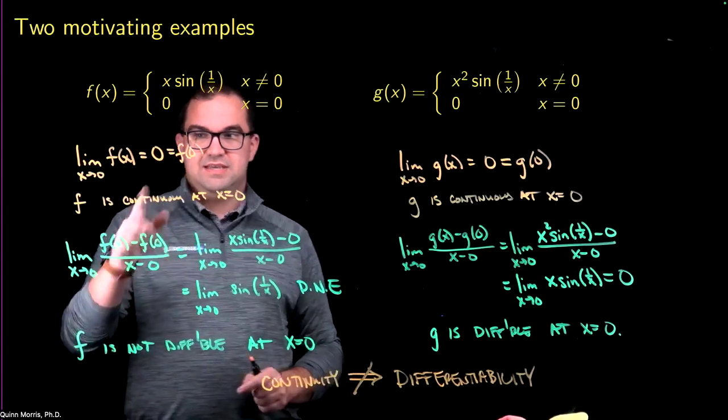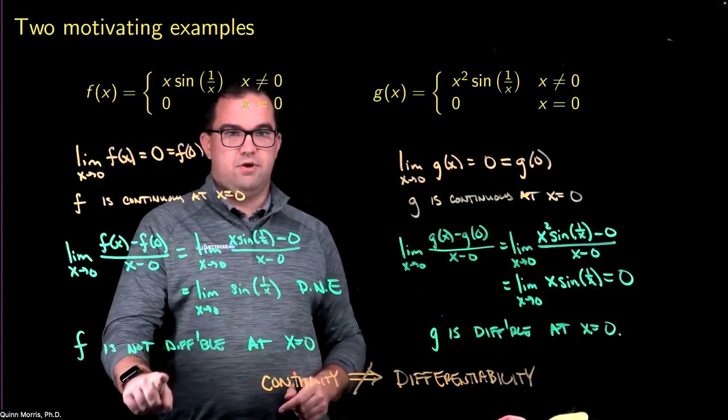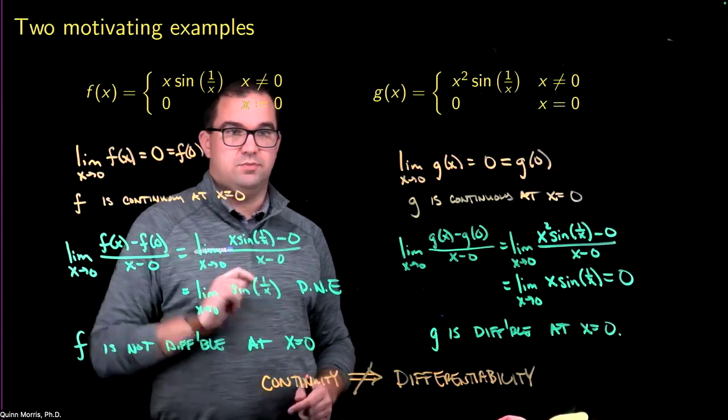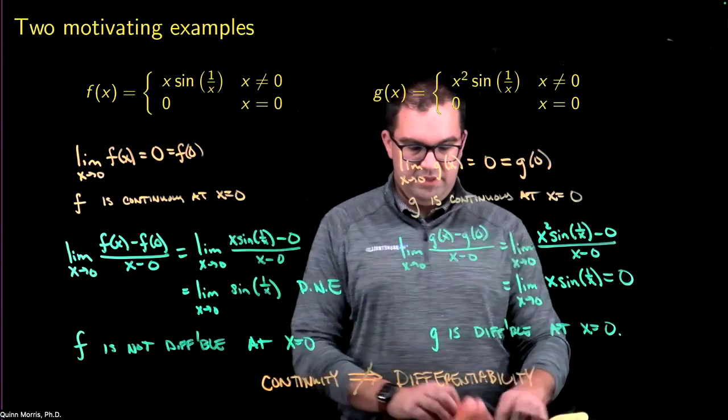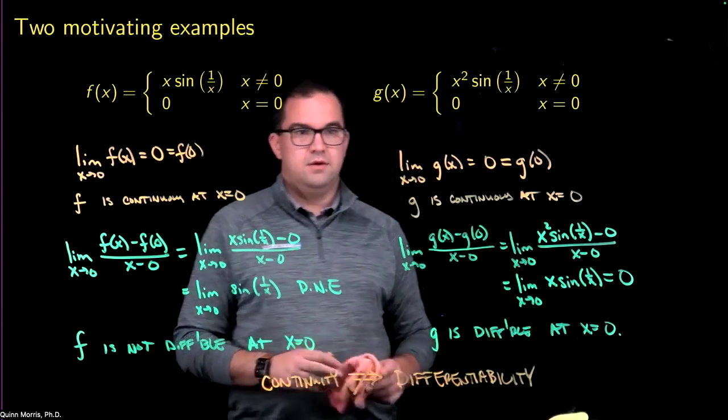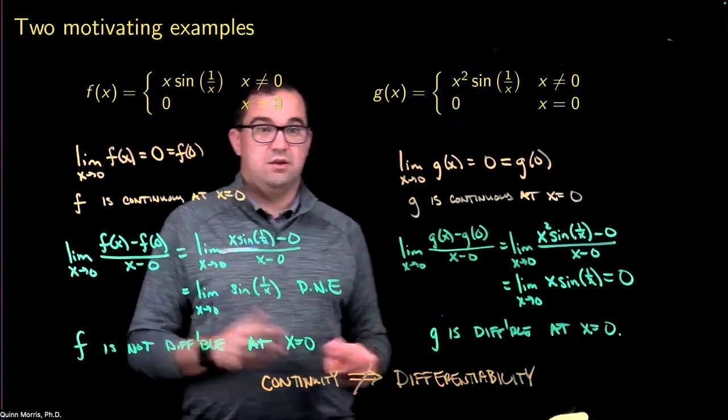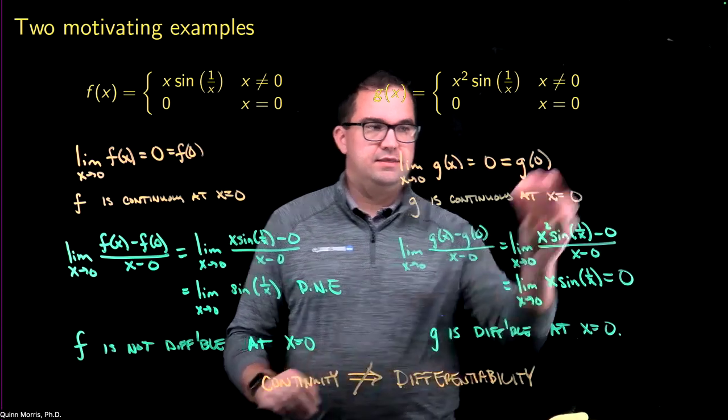This is continuous at x is equal to 0, but it is not differentiable at x is equal to 0. So we start to see at least one thing that doesn't hold true about these.